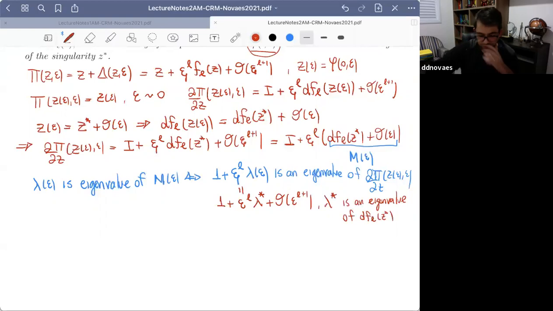This is always true when this matrix is hyperbolic.